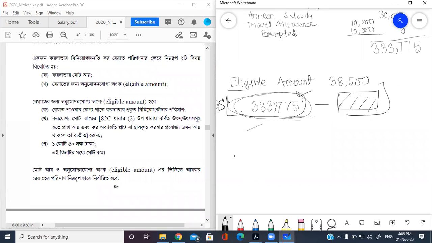In that case, what will be the net amount for Mr. Ambani? This amount, right? Yes, sir. Now, if you take 25% of this, how much will it be? 83,443.7. Okay.